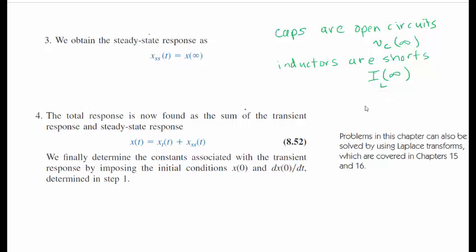That helps you find the simplified circuit and whatever the steady state response is. Then you find the total response by adding the transient response plus the steady state response. Then lastly, you find your unknown constants that are associated with the transient response by imposing the initial conditions that you determined in step 1.